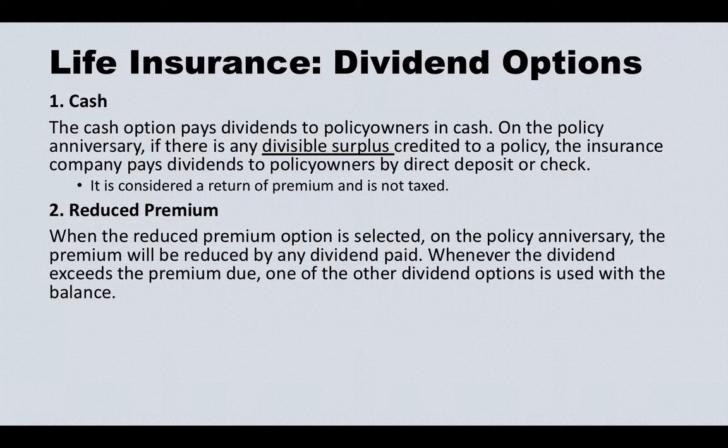If your dividend is more than the premium, you can take a cash dividend, or you can use the excess to fund another option. We're going to talk about it.